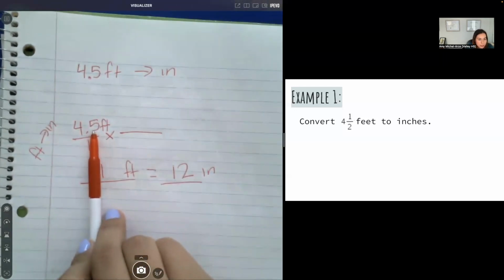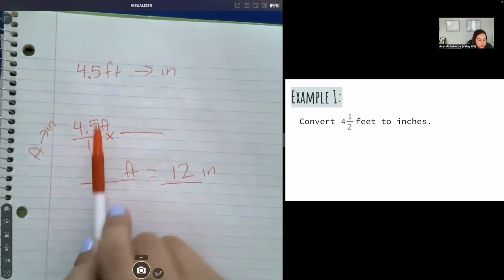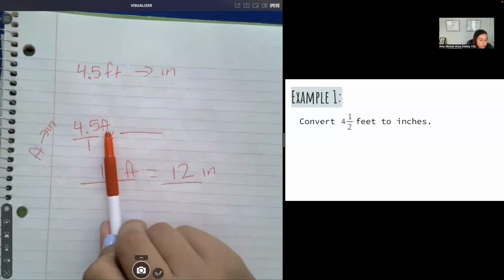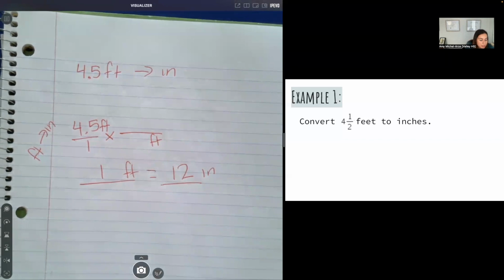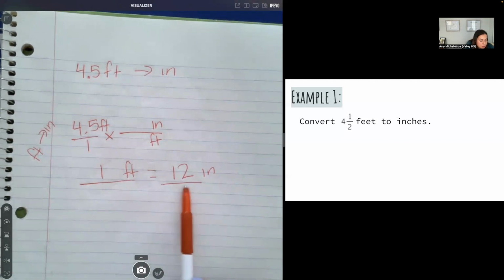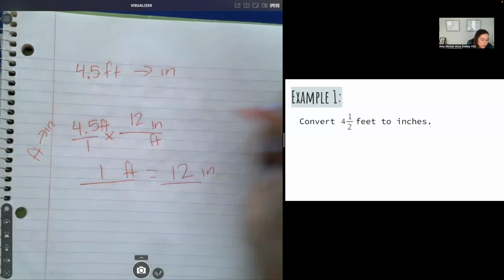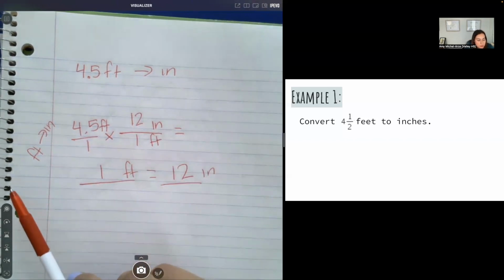So if we want to cross cancel feet so that we don't have our answer in feet, but instead in inches, we're going to put the measurement in feet across. So our conversion factor is going to have feet in the denominator and inches in the numerator. And whatever number goes with that unit is going to stick with it. So 12 inches over 1 foot. And now we can just multiply this out.